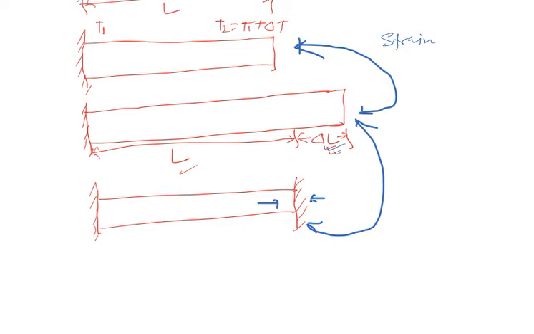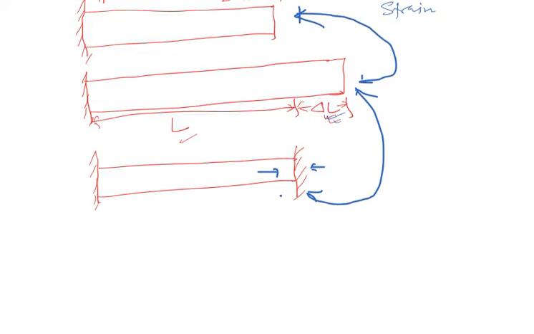So what will happen? A stress will be induced, that will be offered by the body. So in this situation we can calculate the stress of the bar or body, correct?